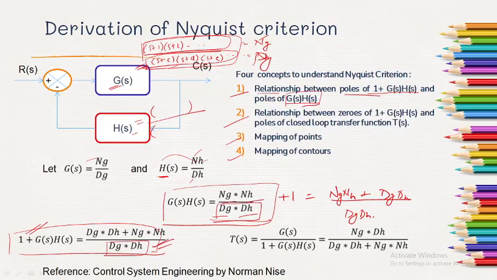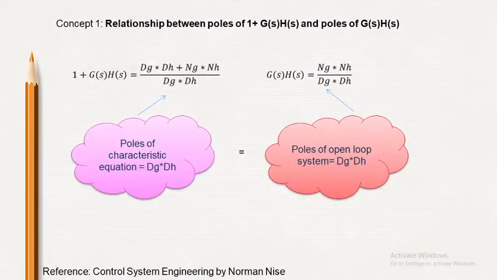So you can see that these two things are essentially the same. The first relationship is that the poles of the characteristic equation are also D_G D_H, and the poles of the open loop system are also D_G D_H. This is the first concept that we gain.